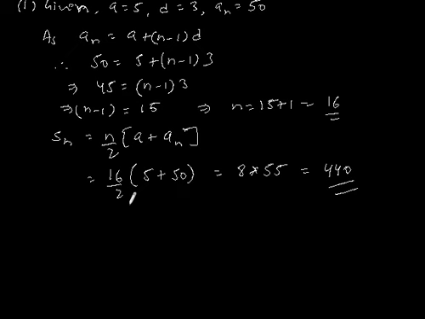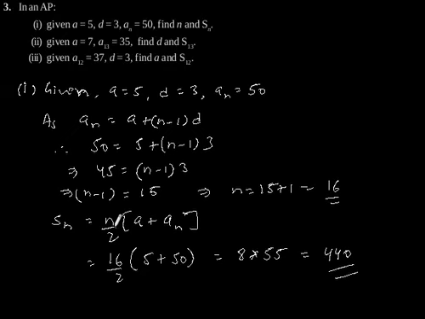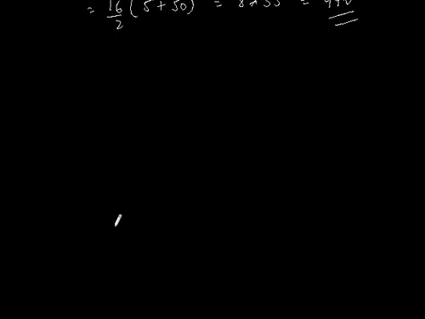Now the second part. Second is given a is equal to 7, a13 is equal to 35, find d and s13. Given a is equal to 7, a13 is equal to 35.